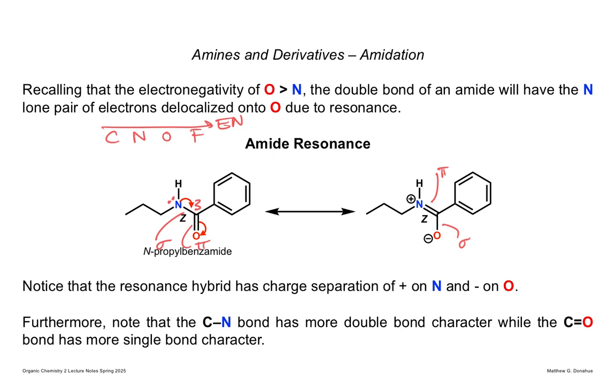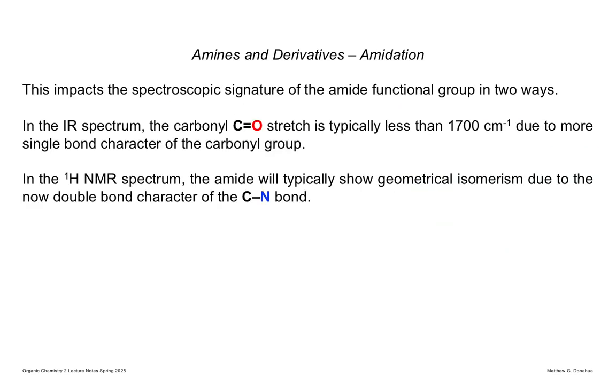And that explains why in the IR, amides are less than 1700, because that carbonyl has more sigma bond character now, so it drops to the lower wave numbers. That's again explained on this slide.